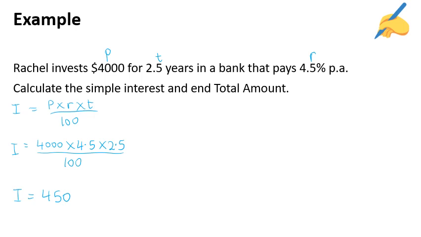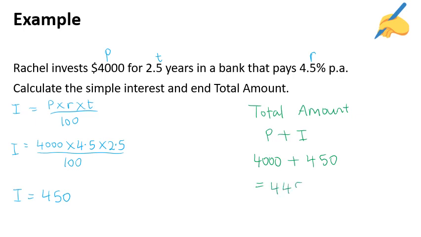So to work out the total amount, it's the principal plus the interest. So the principal, we've already labelled, that's the 4,000. And we've just worked out the interest is 450. So the total amount is 4,450.